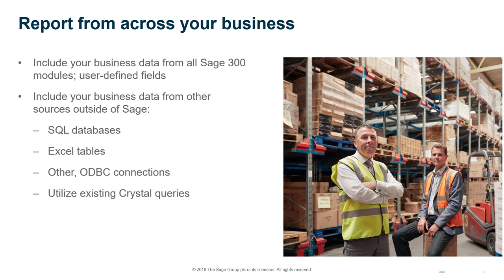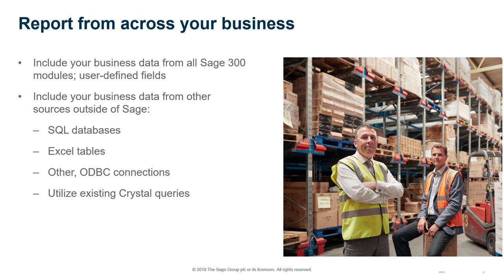Now, this also means that it includes business data from other sources outside of Sage. And by sources, again, I mean other applications. Maybe you have Sage CRM, or maybe you have another application that works with Sage, but it's a different database. So these are sources that maybe use SQL, maybe use another kind of database.